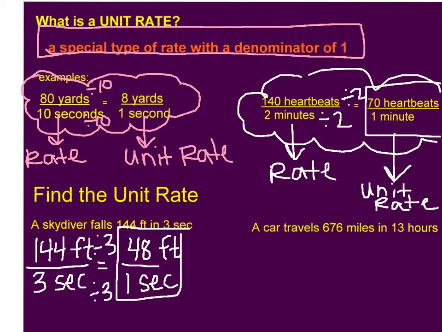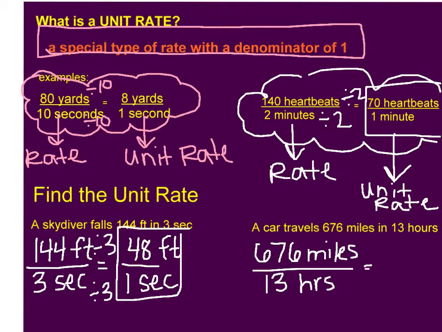Our next example, it says a car travels 676 miles in 13 hours. So our first job is to write the rate. That would be 676 miles. Notice we're labeling everything in or per 13 hours. Next, we're trying to find our denominator of 1. So notice I'm setting them equal because we're going to divide these away.